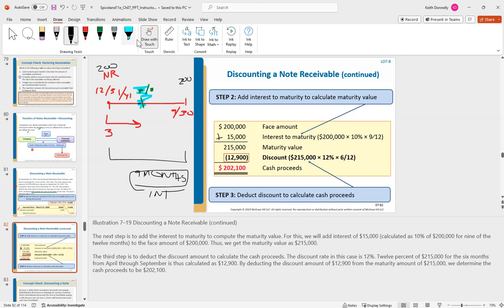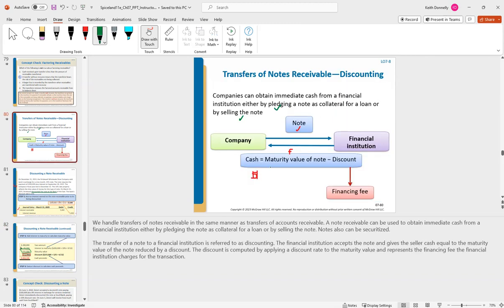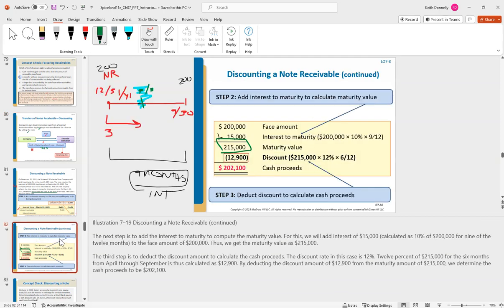Essentially what this says is the maturity value is 215. So maturity value is 215. We then back out the discount, which is going to reflect these 6 months right here. So it'll be essentially the 200 plus the 15, the held to maturity value.